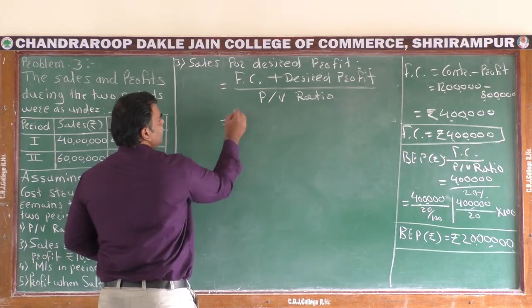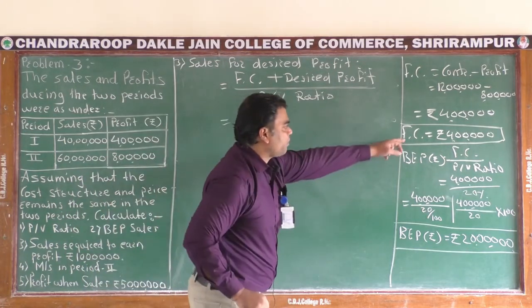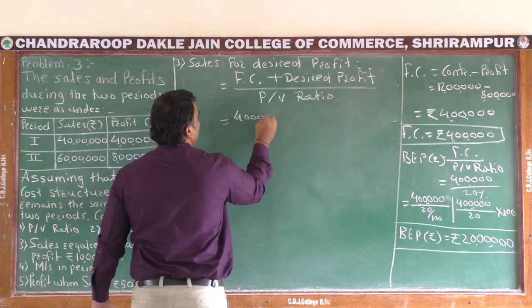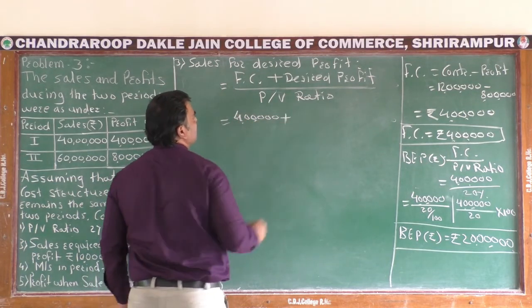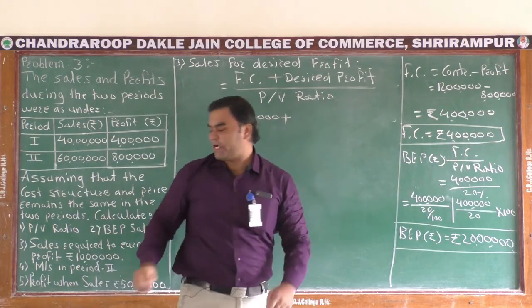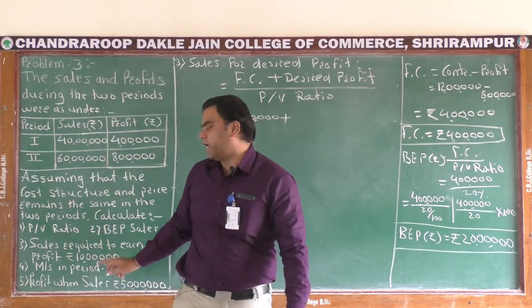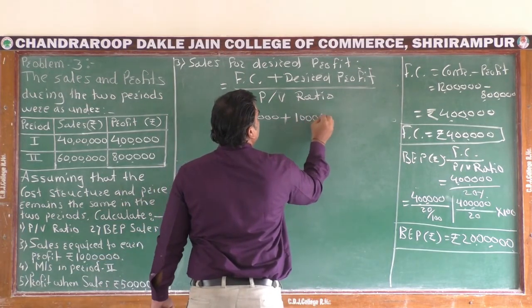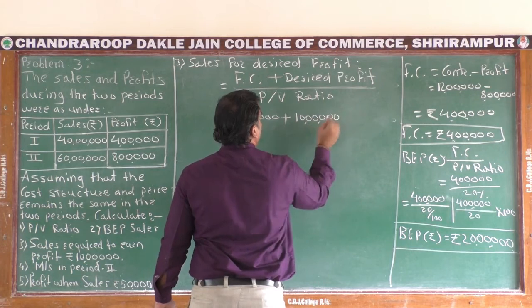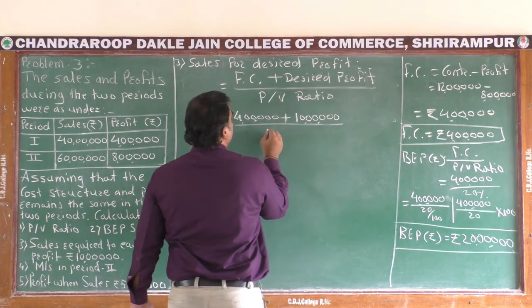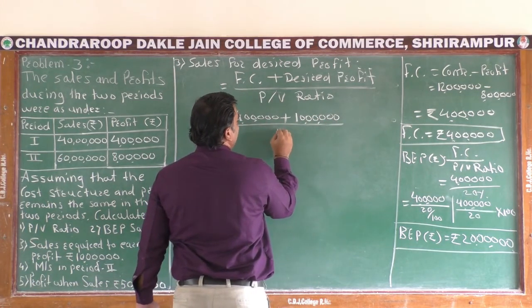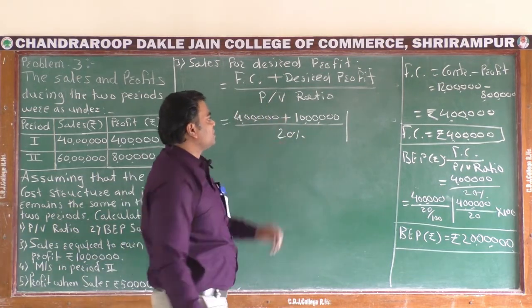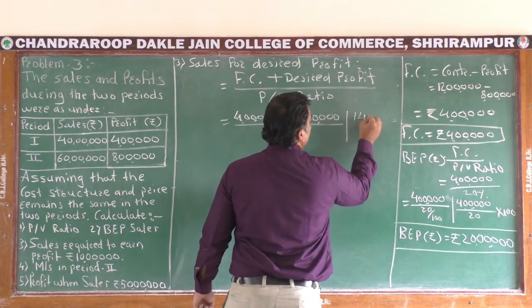So fixed cost as we have calculated, which is rupees 4 lakh, is the amount of fixed cost plus desired profit. How much profit do we desire to earn? Rupees 10 lakh. So 4 lakh plus 10 lakh expected or desired profit divided by PV ratio, which is 20%. So 4 lakh plus 10 lakh is equal to 14 lakh.